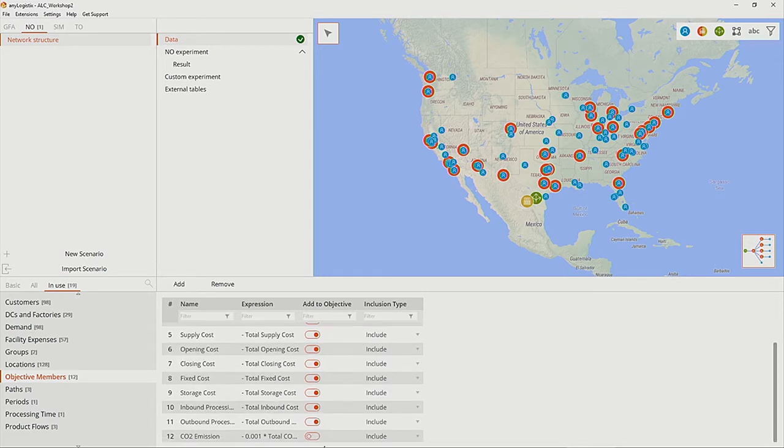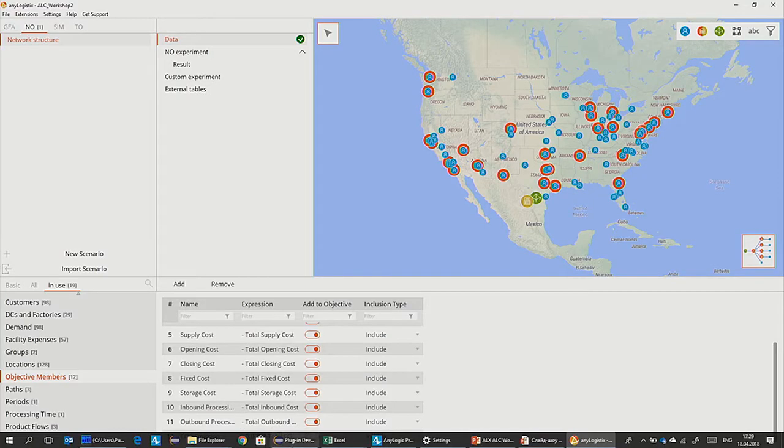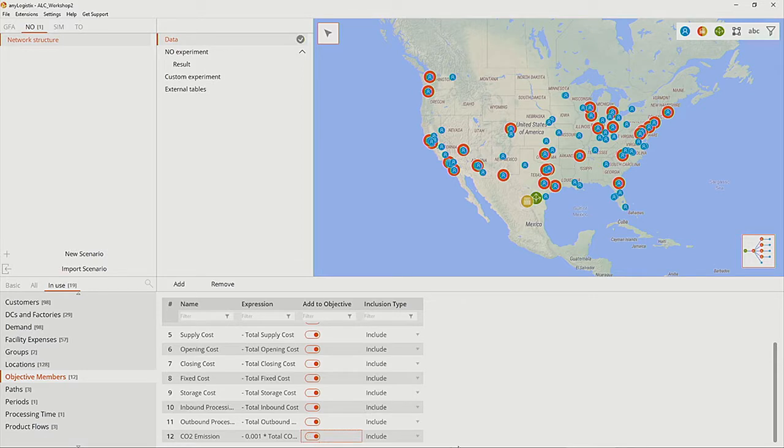But initially it doesn't consider CO2 emission. So my question to this model is, will it change if we also consider CO2 emission? And to test that, I will add this CO2 emission part to the objective.